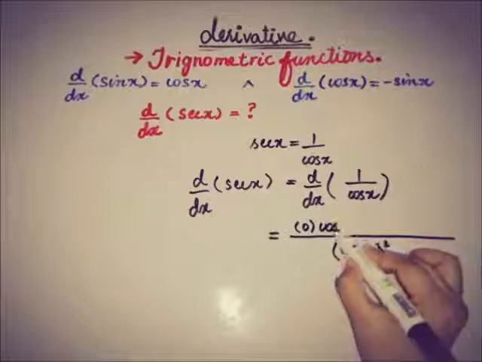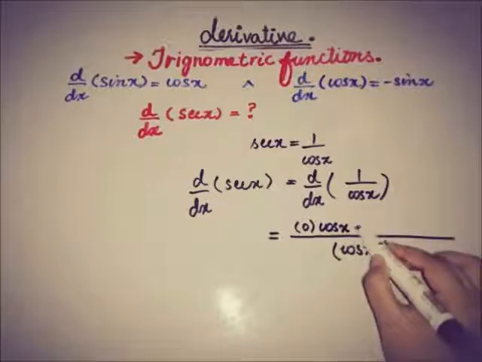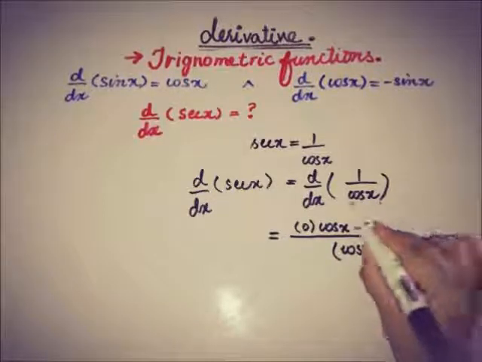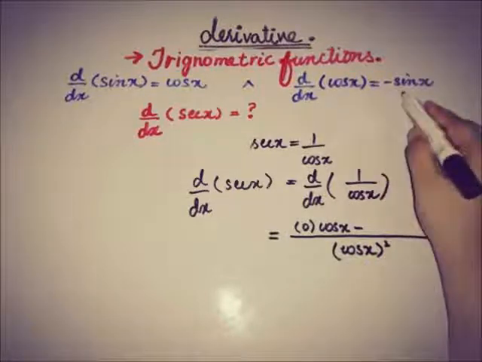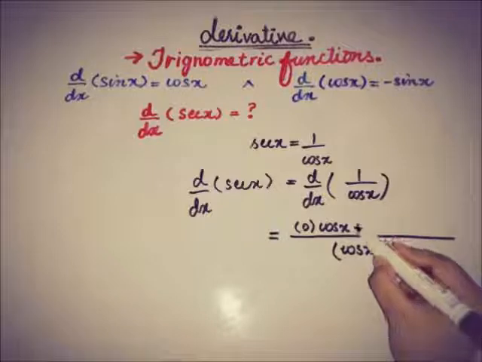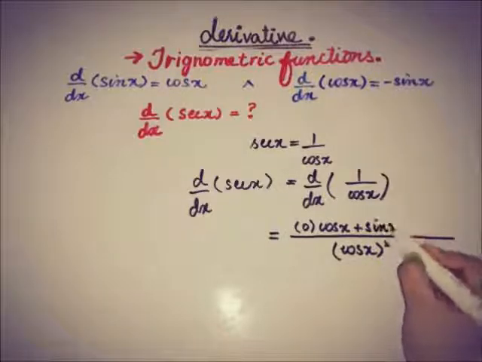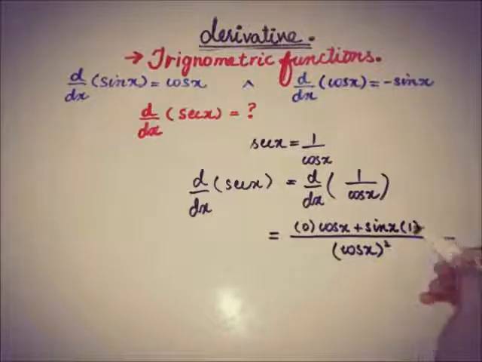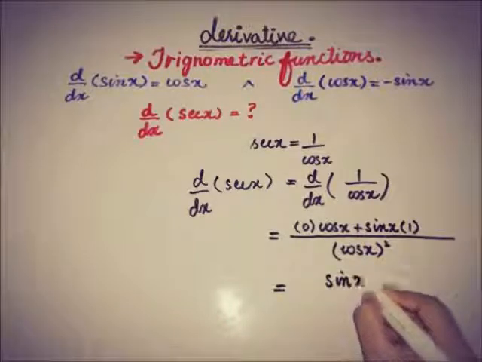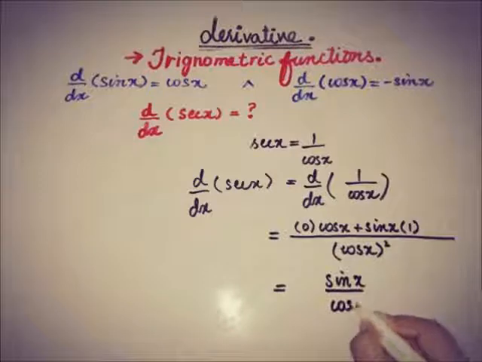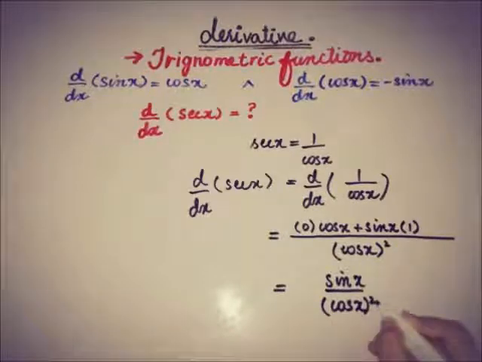The second function, that is the function in the denominator, as it is, minus the derivative of the function that is in the denominator, and we know the rate of change of cos of x is minus sin of x, so this is positive sin of x, and the first function as it is. After simplifying, we get sin of x over cos of x whole square.